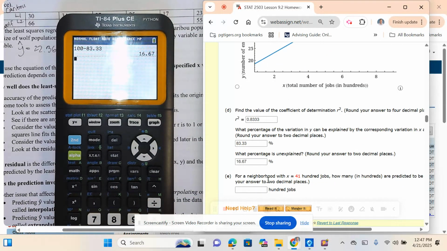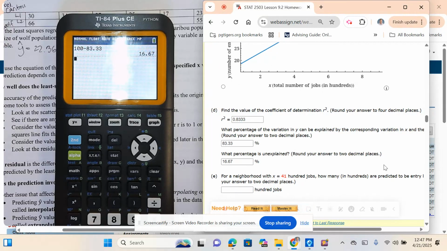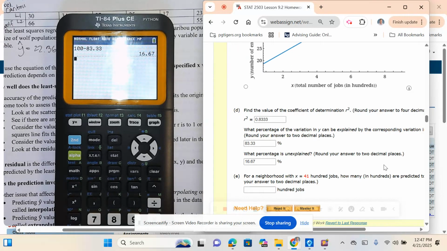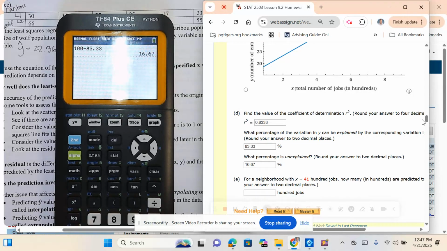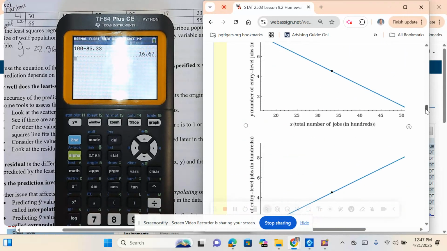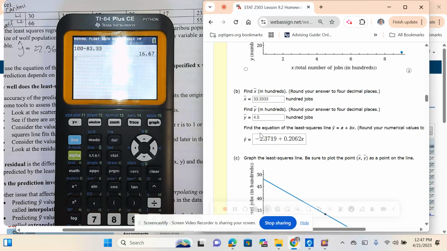All right, so now for the last one, for a neighborhood with x equals 41, how many hundreds are predicted to be entry-level jobs? So what you're going to do is plug in this 41 into this equation you made up here. So I'm going to plug in 41 for x into this equation.